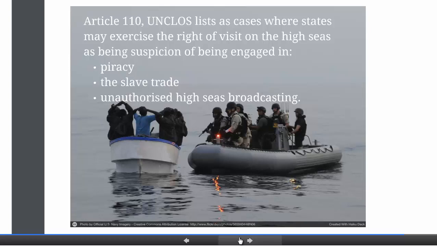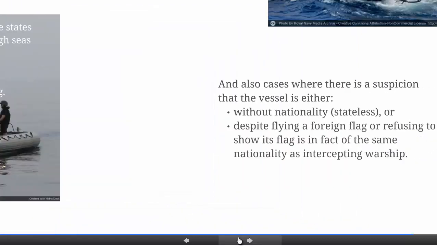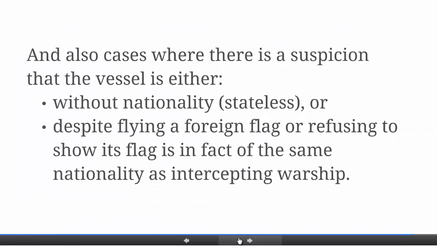Absent that, there are very few cases where such a right of visit could be exercised. It does extend also to two other cases where a vessel is suspected of being without nationality, so a stateless vessel, one that is not registered anywhere and has no right to fly a flag, or has two sets of documentation and is using them at its convenience.